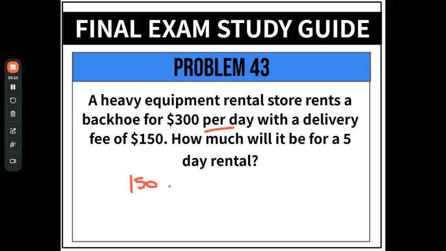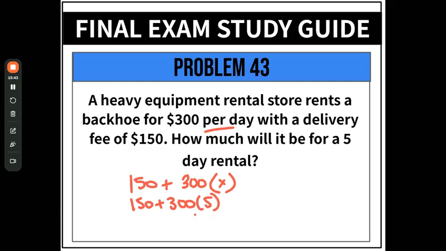So in addition to this delivery fee, it's going to be $300 per, multiplying by the number of days, X. They want to know how much it will cost to rent a backhoe for 5 days. So instead of X here, I'm going to put in the 5 days. So 150 plus 300 times 5.